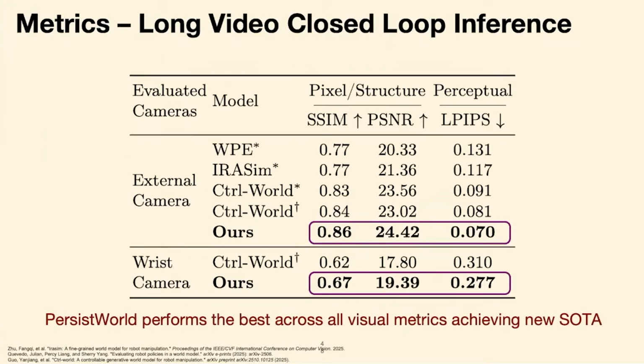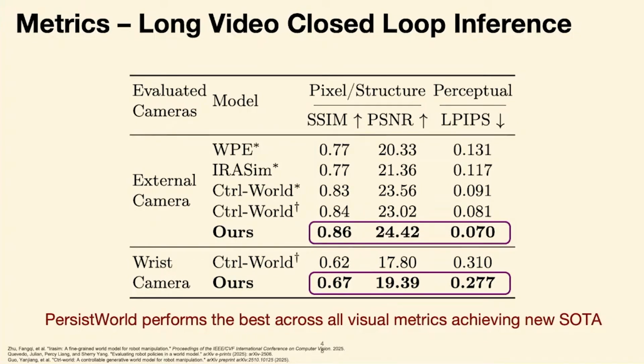And when we look at the results, we see that our method improves over all the previous methods. Specifically, compared to control world, we are able to improve by quite a bit, by almost 1.5 PSNR on these visual metrics.